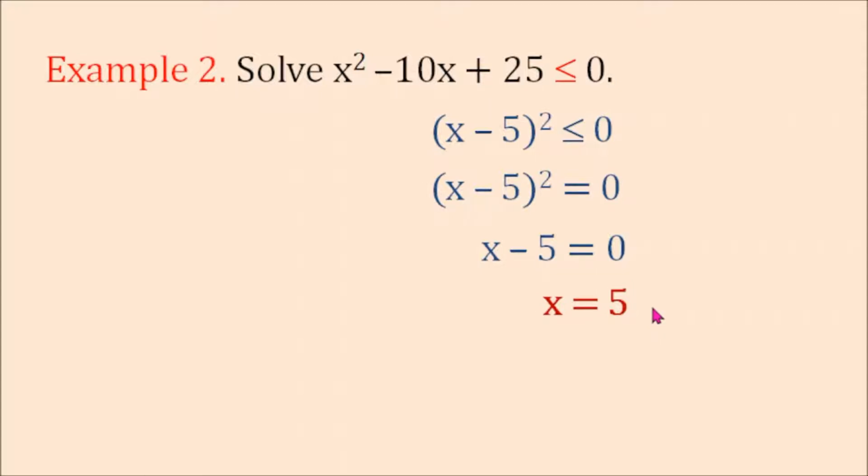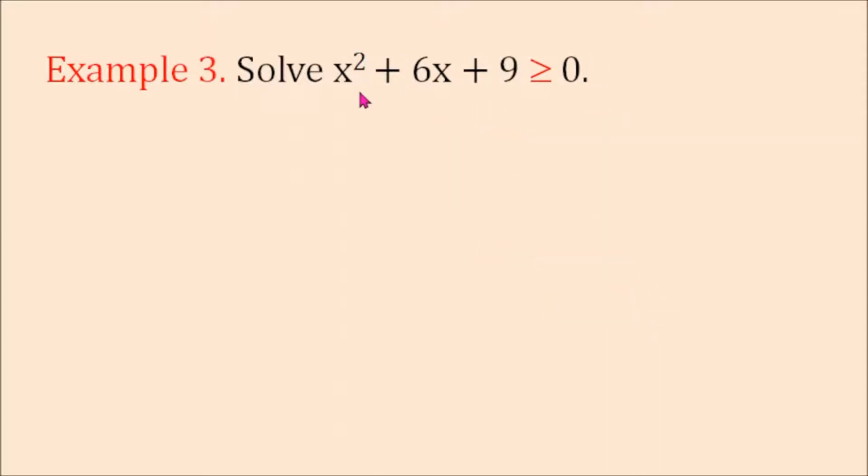Example number 3. Solve x squared plus 6x plus 9 is greater than or equal to 0. Our quadratic trinomial here is a perfect square trinomial. Why? It's because our first term x squared is a perfect square.